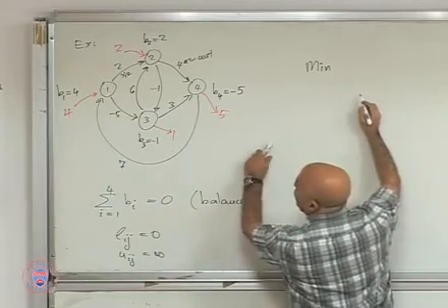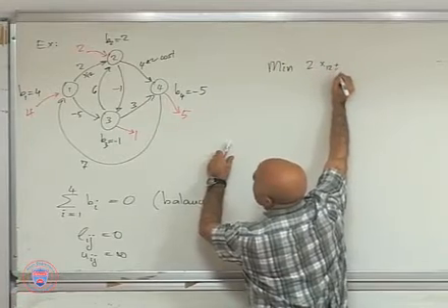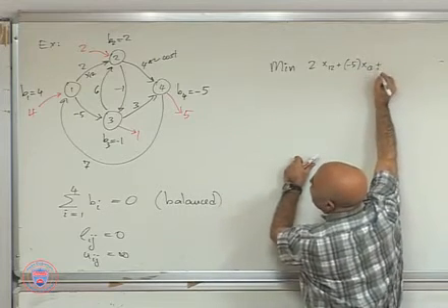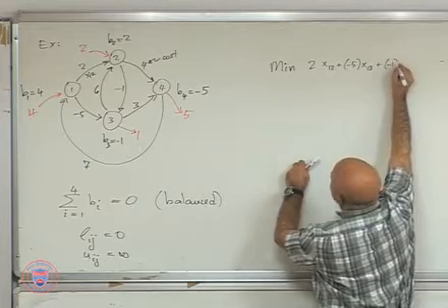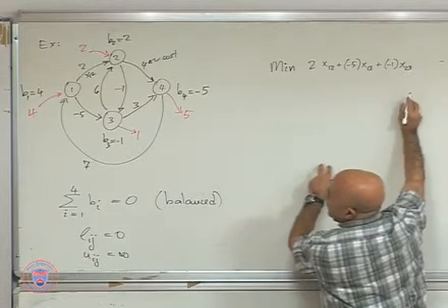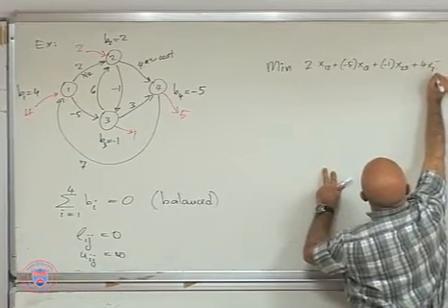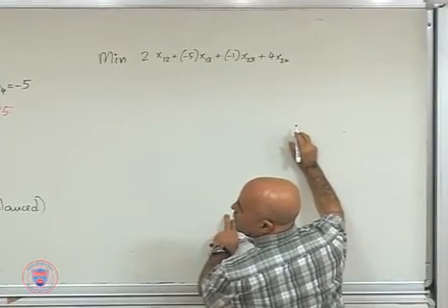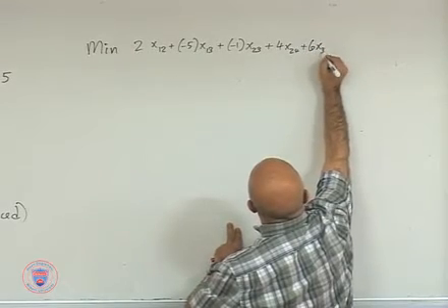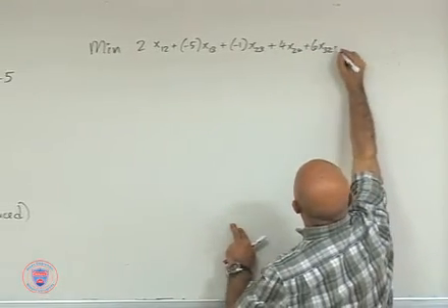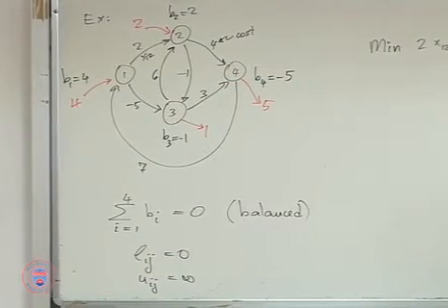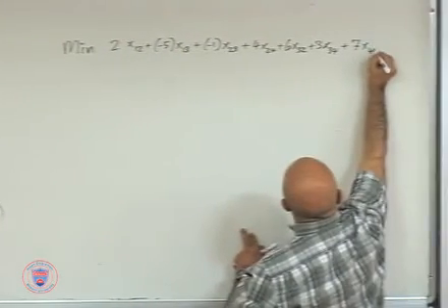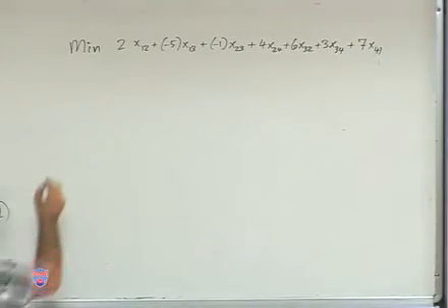In this case, you've got 2 times x12 plus minus 5 times x13 plus minus 1 times x23 plus 4 times x24 plus 6 times x32 plus 3 times x34 plus 7 times x41. That's the objective function.